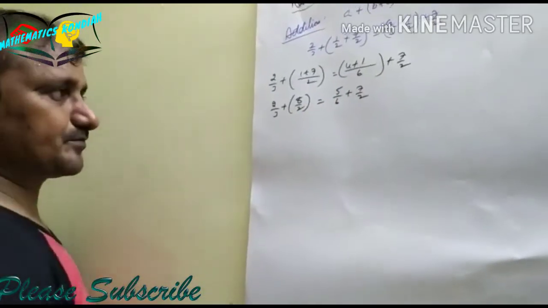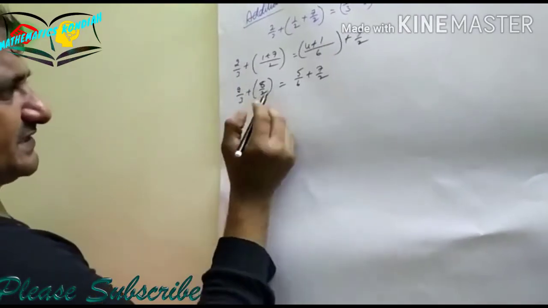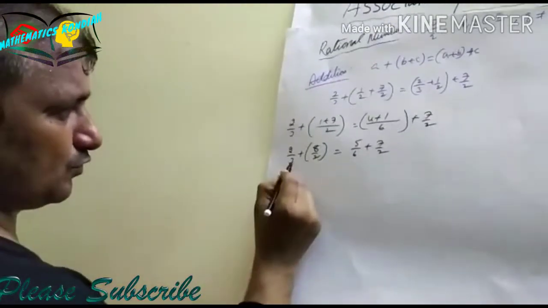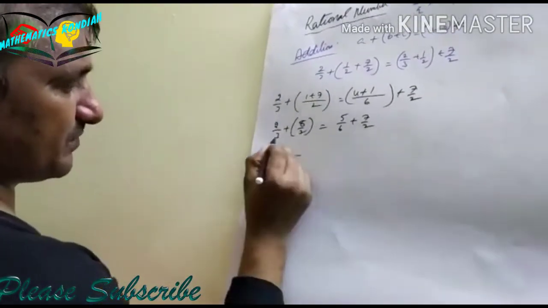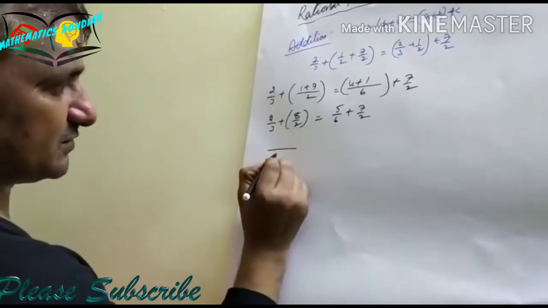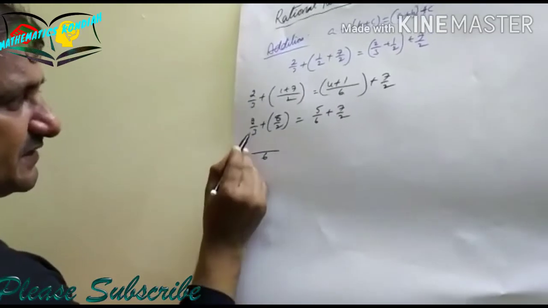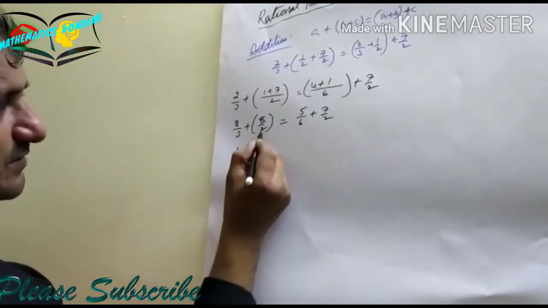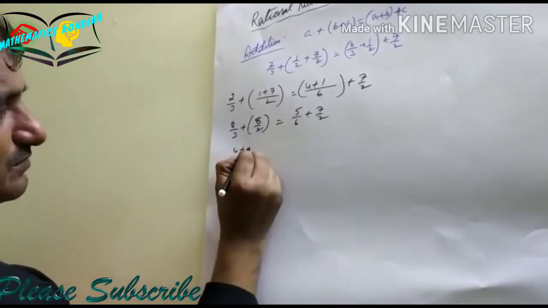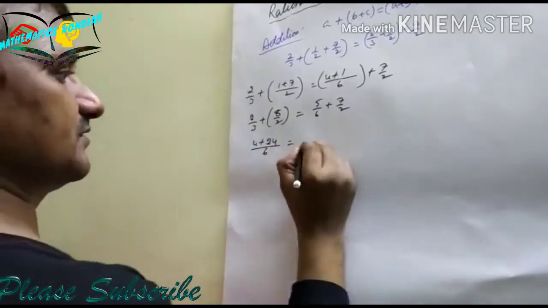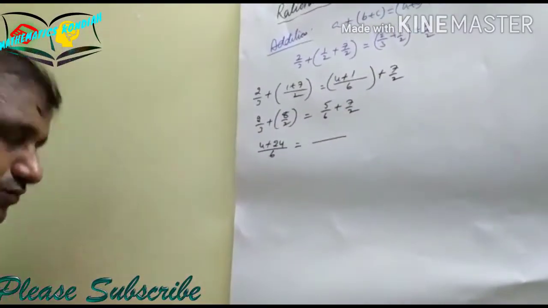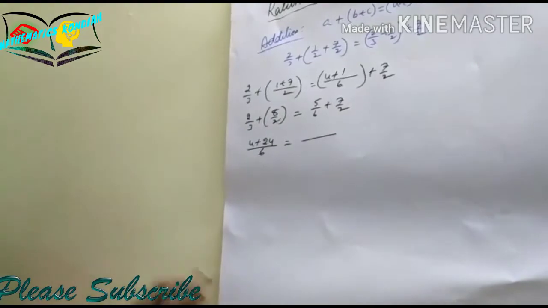Next, see, what is the LCM of 2 comma 3? Both are prime numbers, the LCM of prime numbers is the product of those numbers, therefore 2 into 3, 6. 6 by 3, 2 into 2, 4, plus 6 by 2, 3 into 8, 24. At the same time, 2 comma 6.